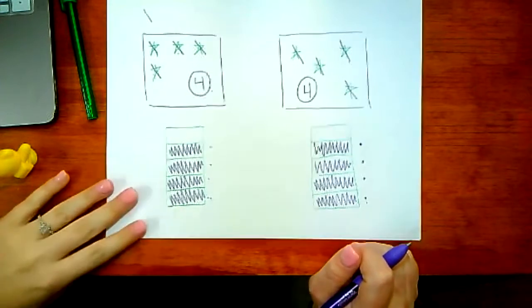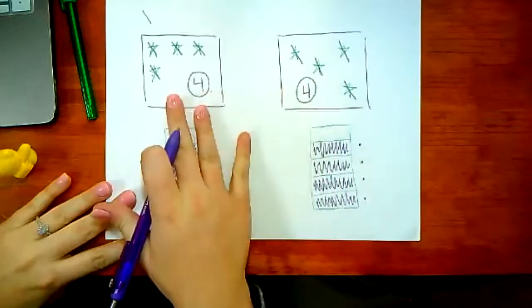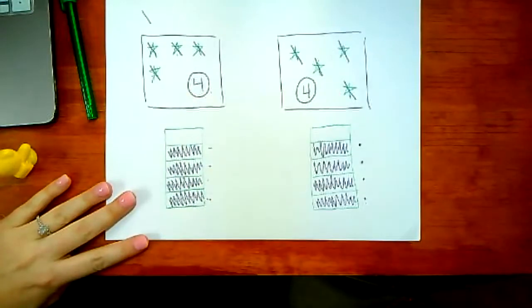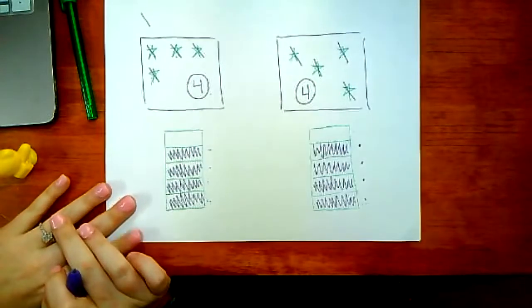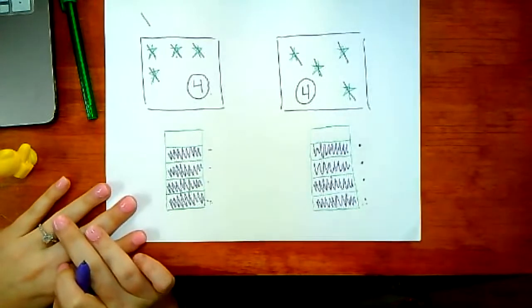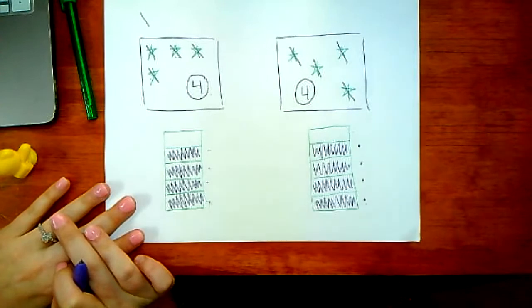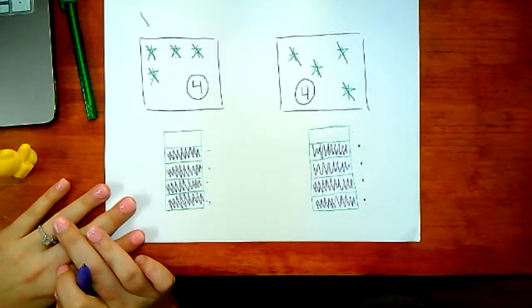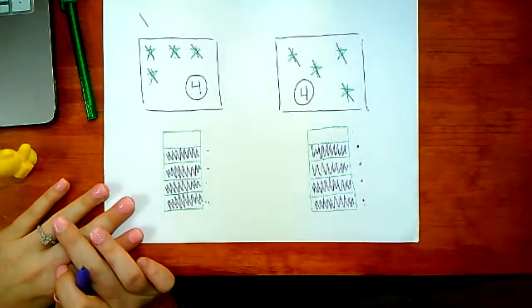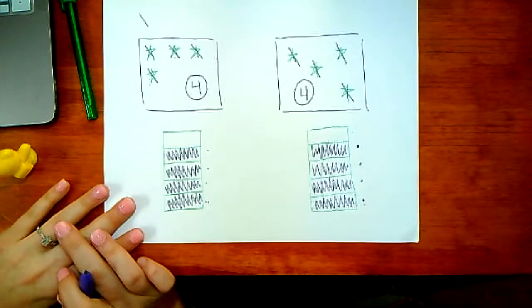Yeah, they're different. So when we're looking at 2 different boxes to figure out if they have the same amount or they have a different amount, do they have the same or do they have a different amount? They have the same amount. They might look different, but they have the same amount.